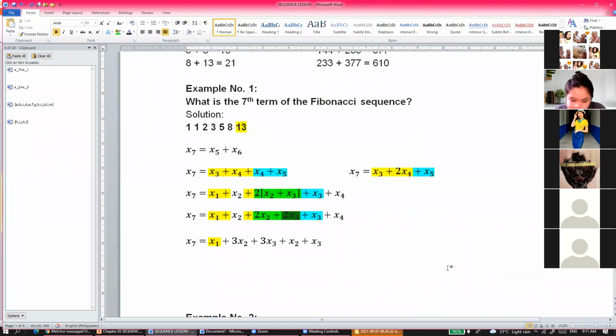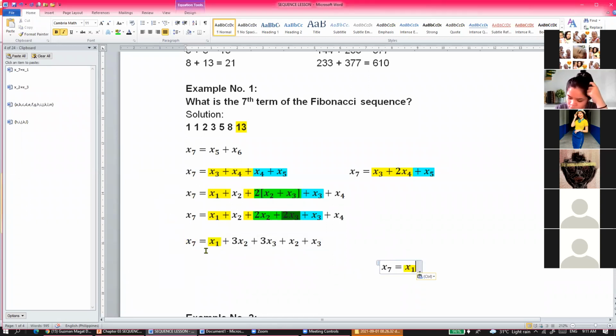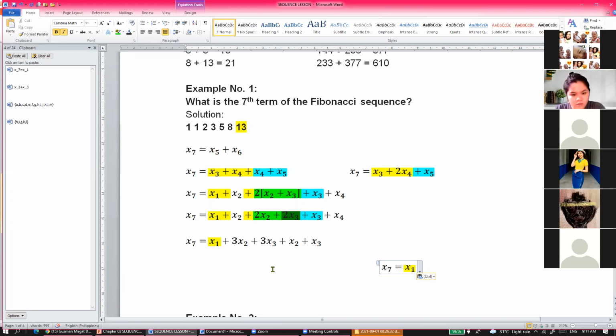Okay. So type ko ulit yung X sub 7 dito is equal to 1. Now, the next question is, ilan ba yung X sub 2 ngayon? Apat po, sir. So, plus 4. And then I'll type X sub 2.